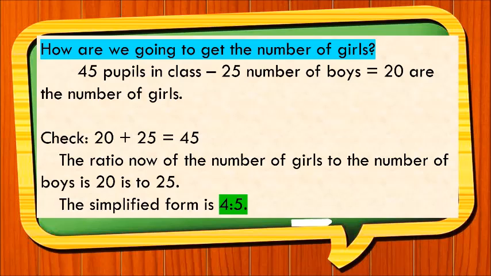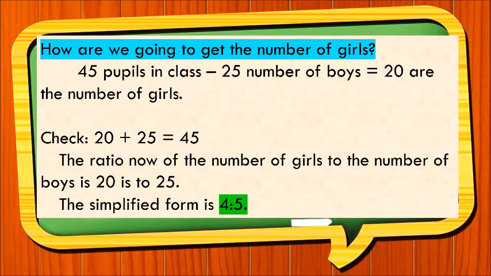Okay, how are we going to check if our answer is correct? Yes, we do the opposite of subtraction. That is addition. 20 plus 25 is equal to 45. So all in all, we got the 45 in the class.